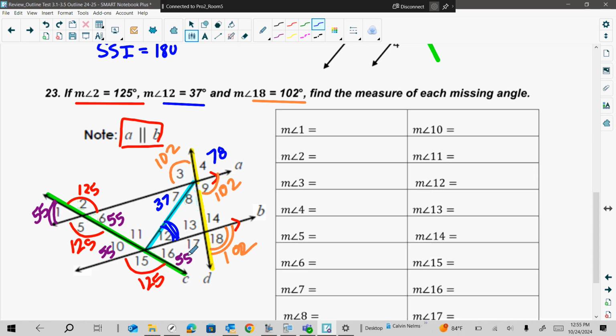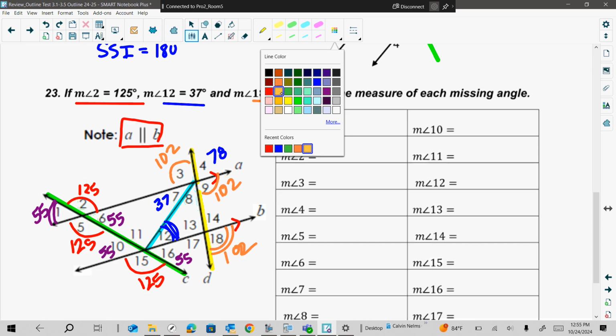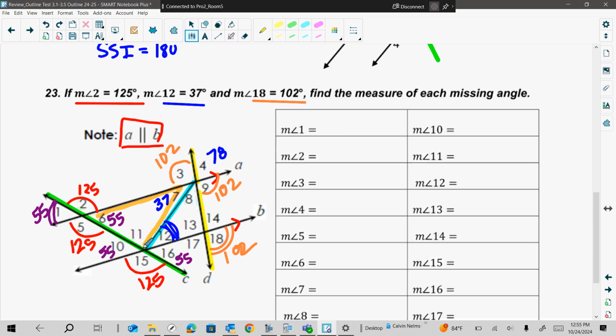And then to get to angle 11, you need to be using the triangle. Inside of here is this triangle, and all triangles equal what? 180. So you take the 55 plus 37 here. That's going to give me 92 minus 180 would give me angle 11.